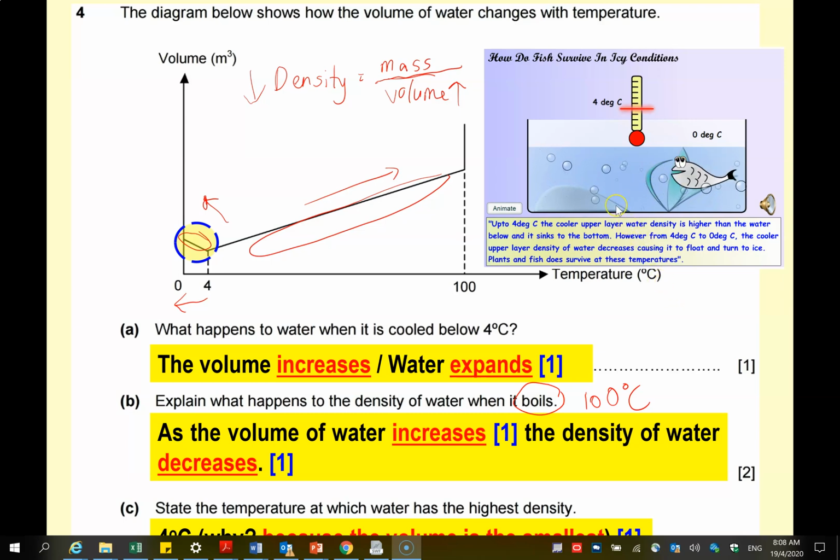That's why ice at 0 degrees Celsius will float on water. This allows the fishes and the plants to survive even in icy conditions because ice is formed at the top layer.